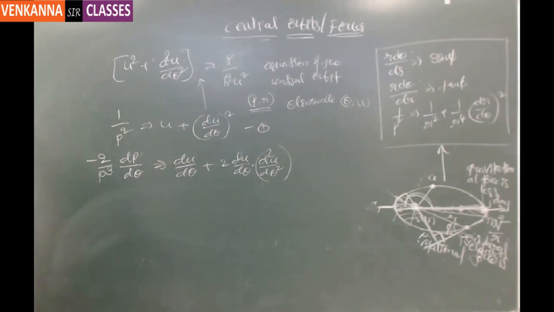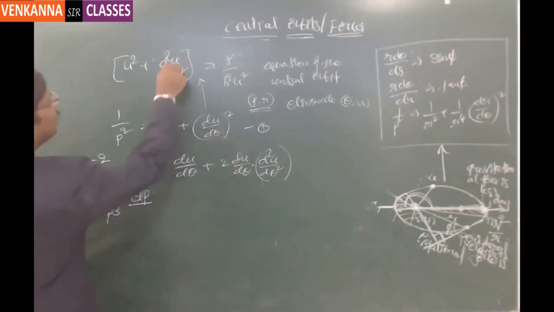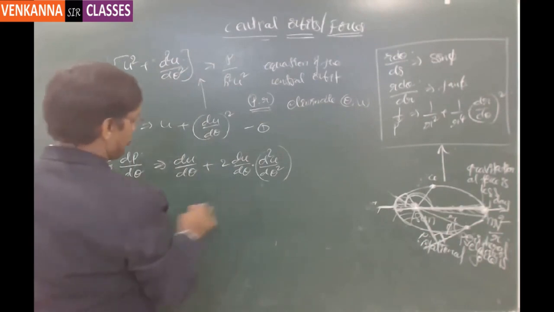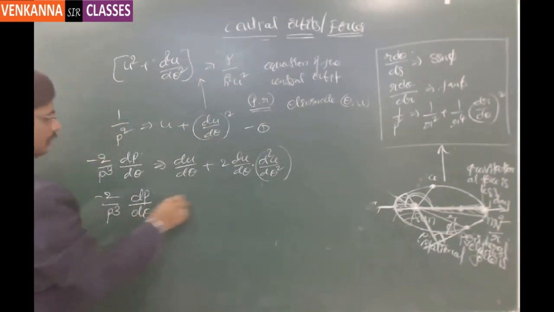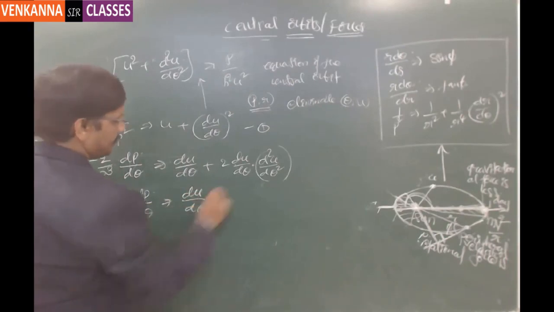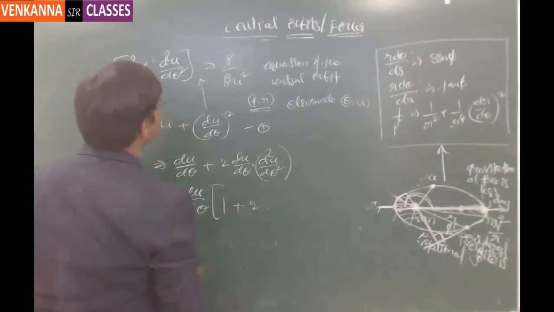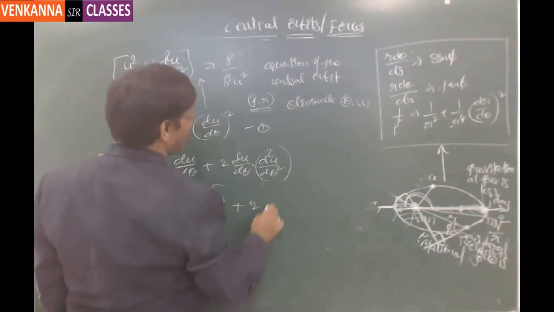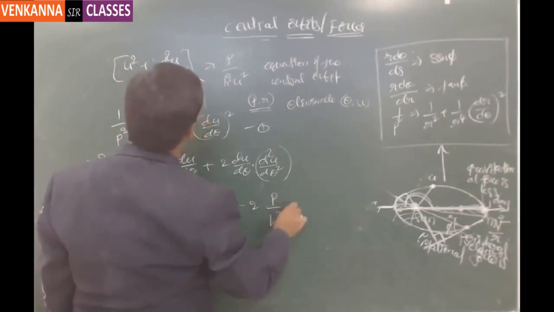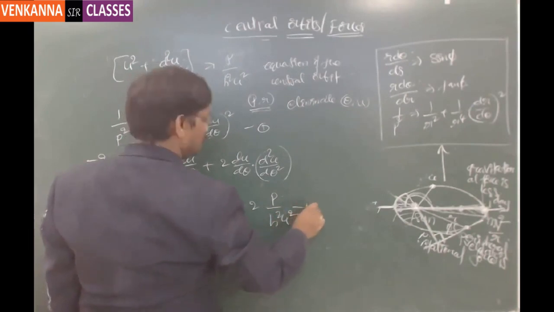Now d square u by d theta square you can replace as p by h square u square minus u square.